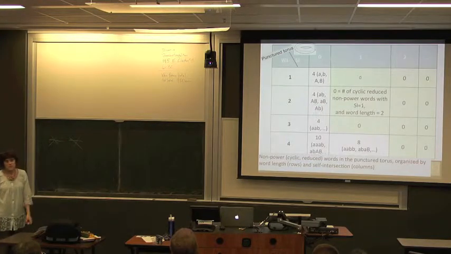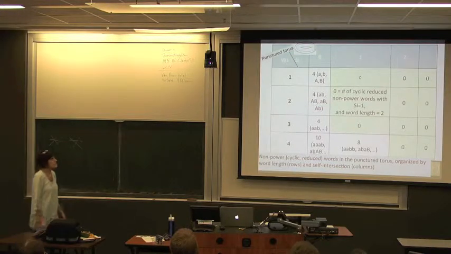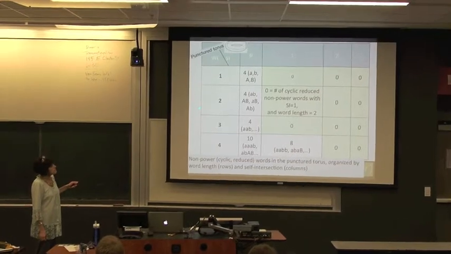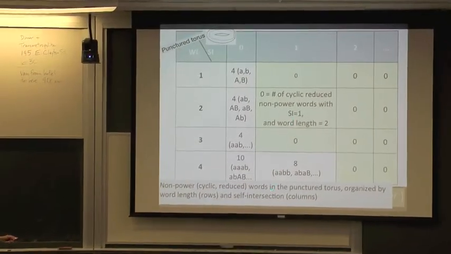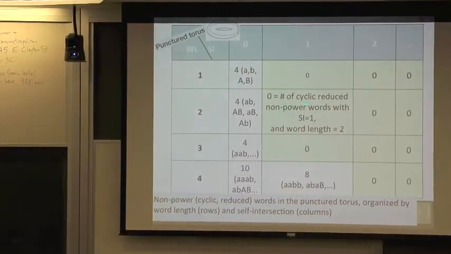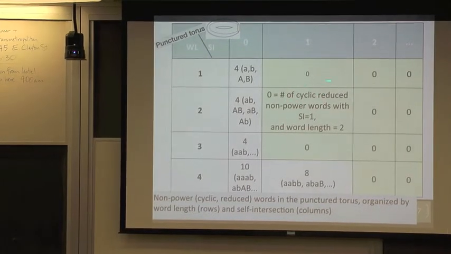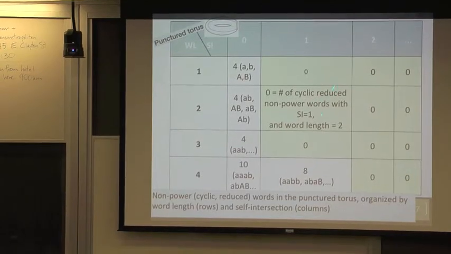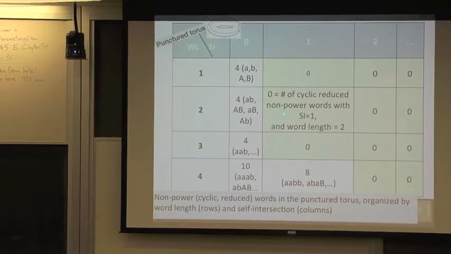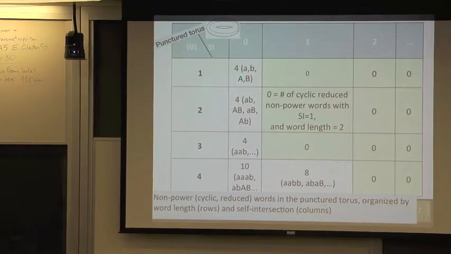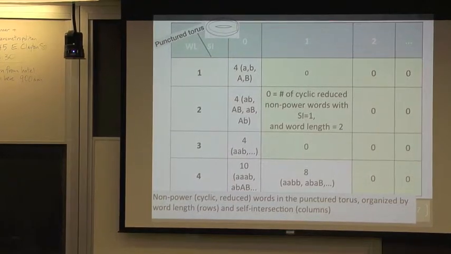Okay. So this is what I did with my MacBook Pro. I made a table. This table contains, in, say, row 2 and column 1, the number of cyclic reduced words which are non-powered. This is the number of free homotopy classes expressed with a word of 2 letters and with self-intersection 1. So for instance, self-intersection 0 and 1 letter, they are the 4 generators.